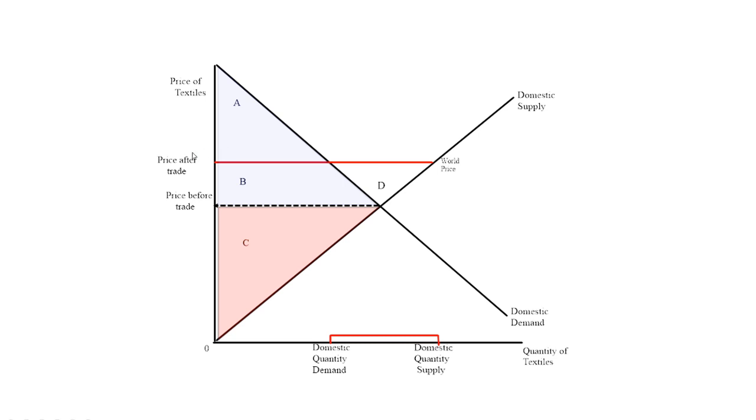Now, because the price is higher, our consumers are only getting a surplus of A. B is now going to the producers, and D is the gain from trade, and it's also going to the producers. Right, because with the higher price, our quantity demanded is here, but our quantity supplied is there, right? So because we're open to the rest of the world, this is the producers exporting the goods, okay?